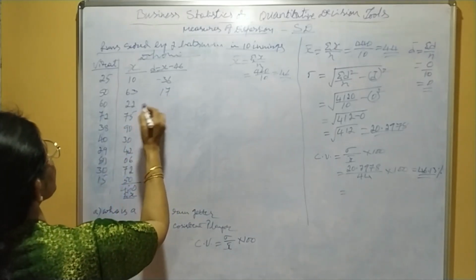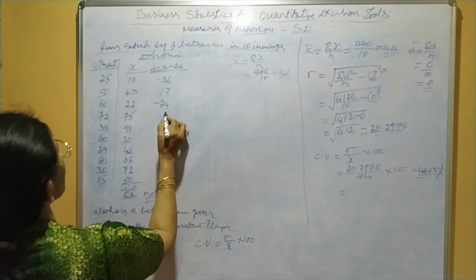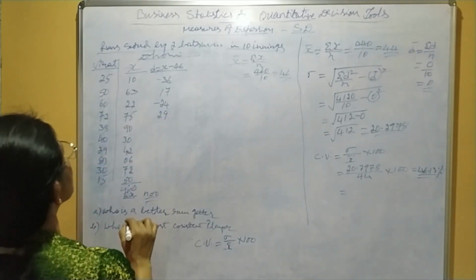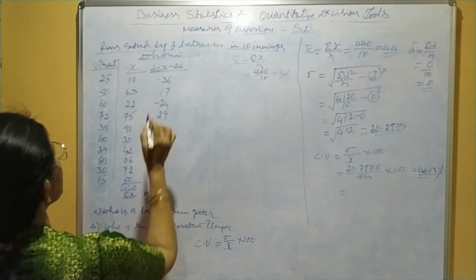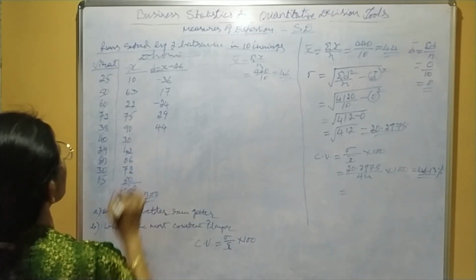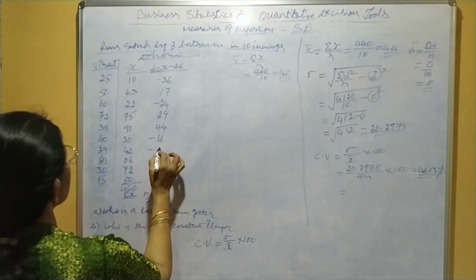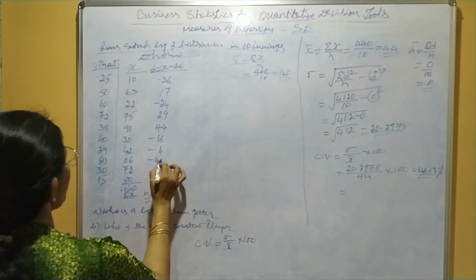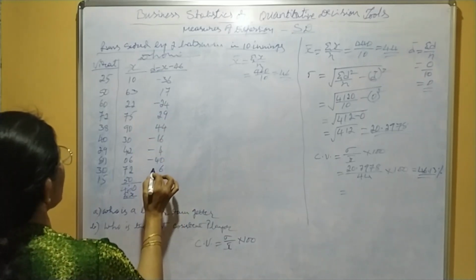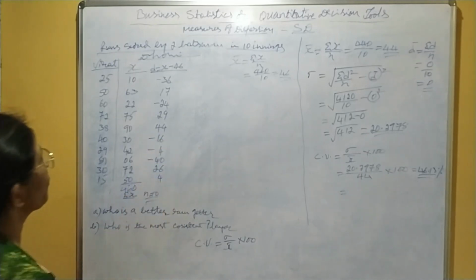17. Next 22 minus 46 is minus 24. Here 75 minus 46 is 29. 90 minus 46 is 44. 30 minus 46 is minus 16, 4 minus 40... 72 minus 46 is 26. 50 minus 46 is 4.